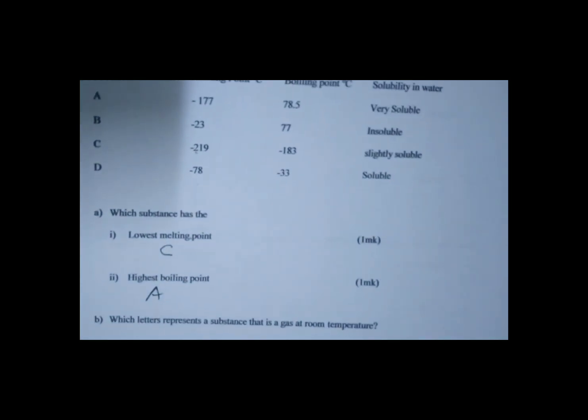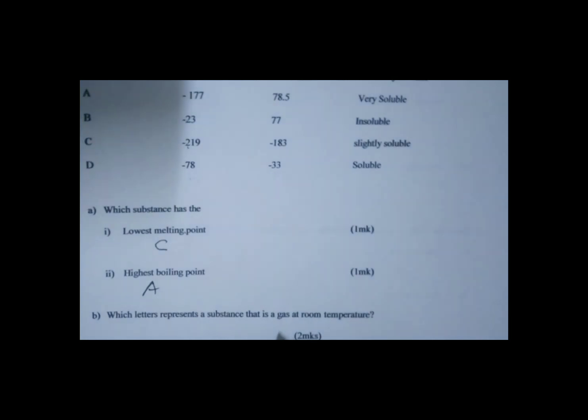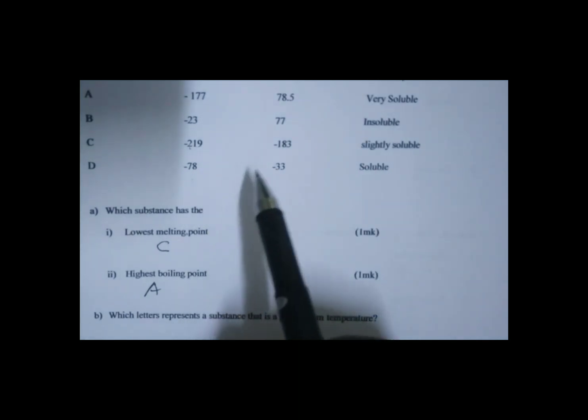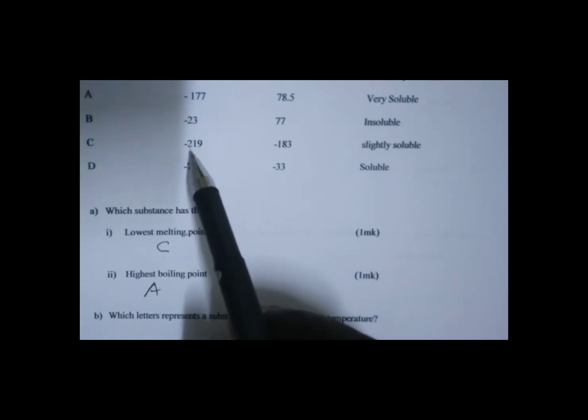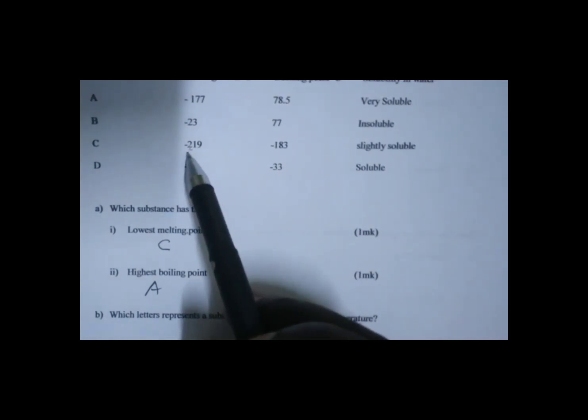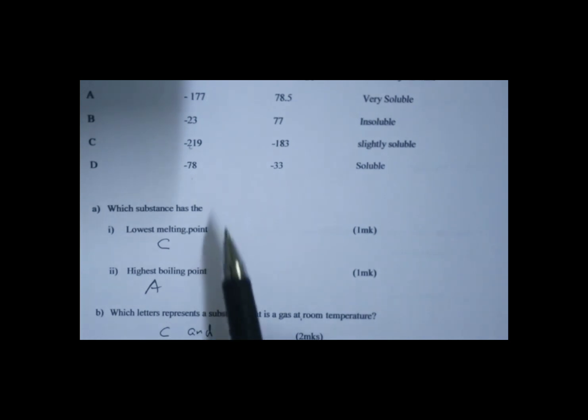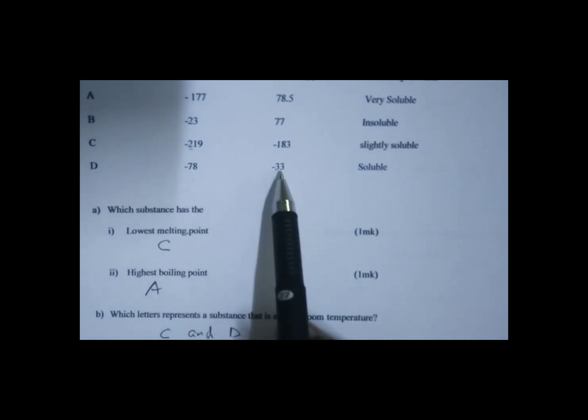Then we go down. Which letters represent a substance that is a gas at room temperature? In this case, we have C, and also we have D, because their melting points and boiling points are below the room temperature.